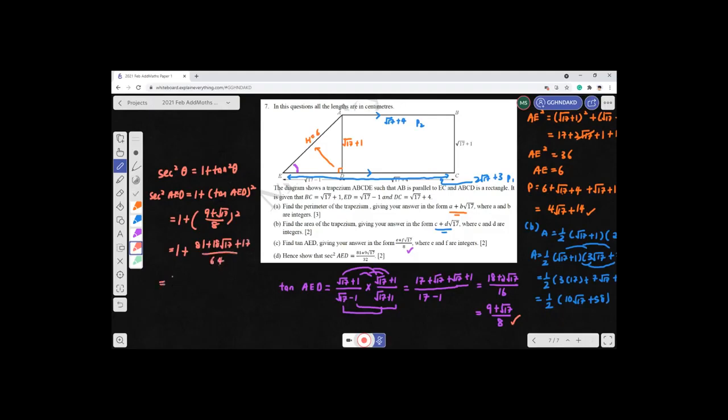So I make the denominator the same, 64 plus 81 plus 17, 98, plus 18√17, because 81 plus 17 you get 98, and 18√17 is copied out, and then divide 64. So overall I will get 162 plus 18√17 divide 64, and I can simplify to get (81 plus 9√17) over 32 here.